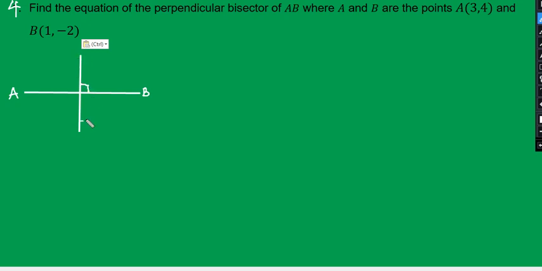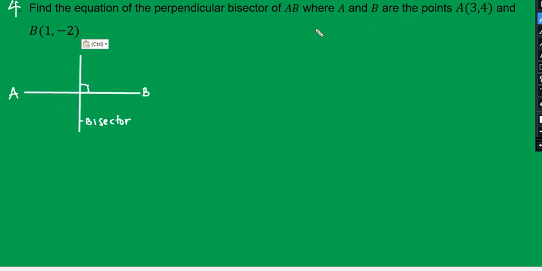This is my bisector, and it is called a perpendicular bisector because it meets this line AB at 90 degrees. Just like in the previous question 3, when two lines are perpendicular, the gradients of these lines when multiplied give us -1.